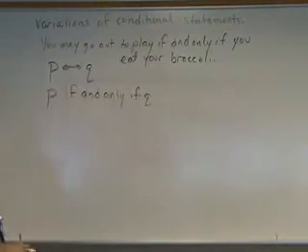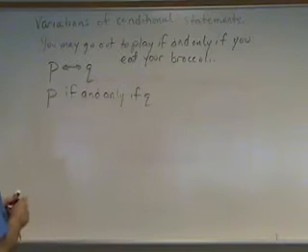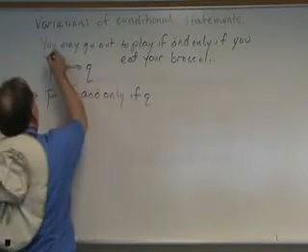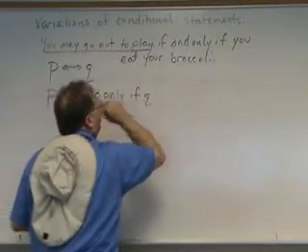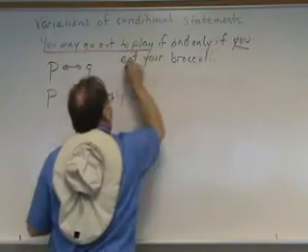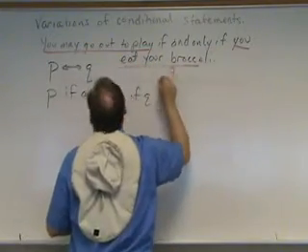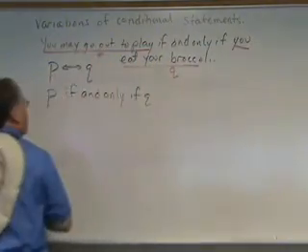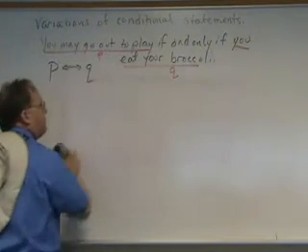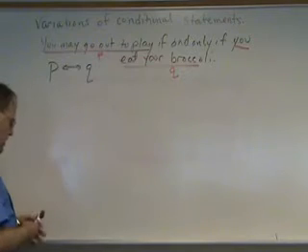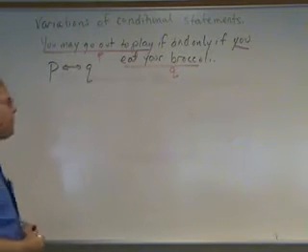Okay. So you may go out to play if and only if you eat your broccoli. Well, let's see. What is the P value here? You may go out to play, right there's our P. You eat your broccoli, that's our Q, all right? So we'll mind our P's and Q's, and we'll see if we can figure out what that means, okay?